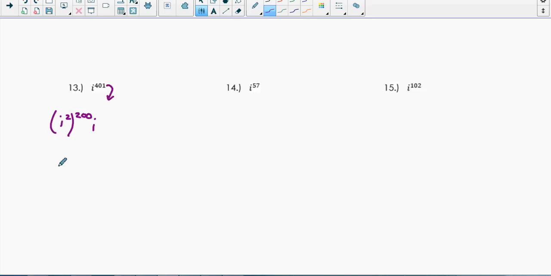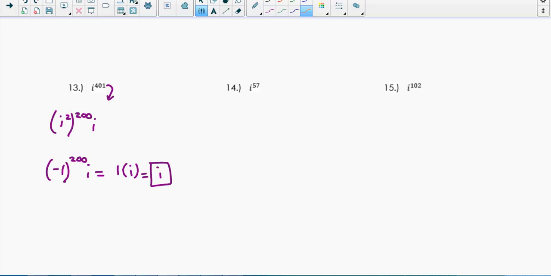So i squared is -1 raised to the 200 times i. If I take -1 and raise it to the 200th power, that's even, so all the negatives cancel out and leave me with 1 times i, which is just i. Okay? Let's see how you did on the next one.